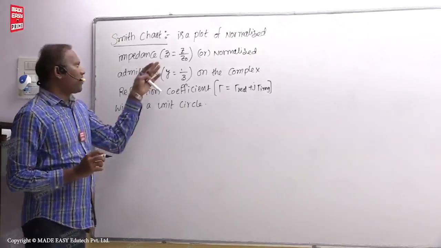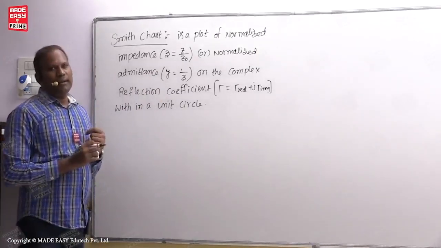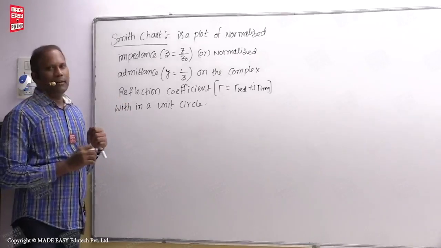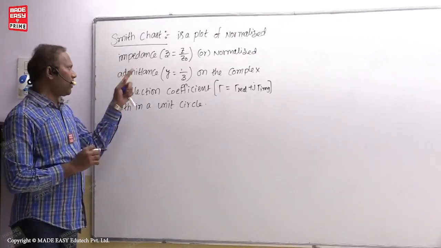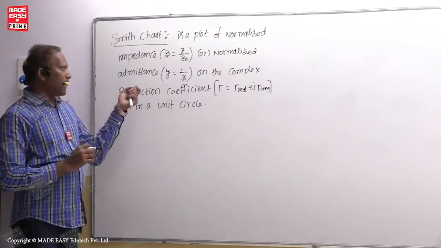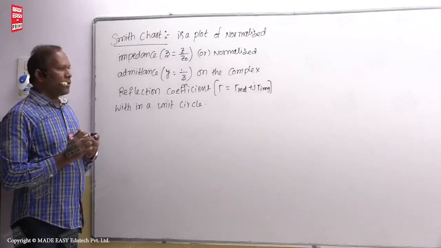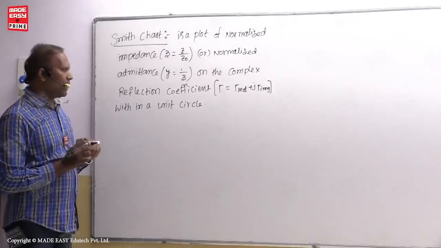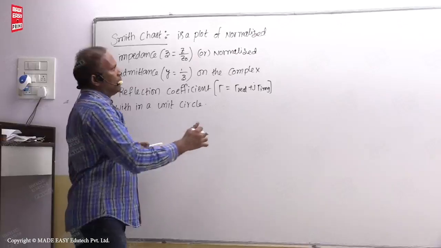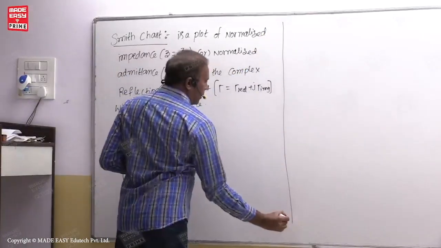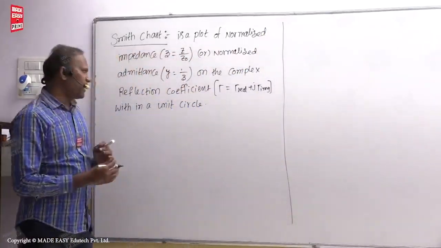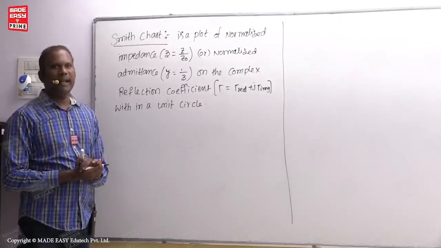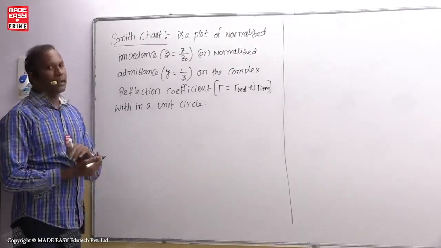So till now you did not understand this, so no problem, I will explain that one, don't worry about that. Now one by one, before going to Smith chart, let us discuss the basics required to draw the Smith chart.